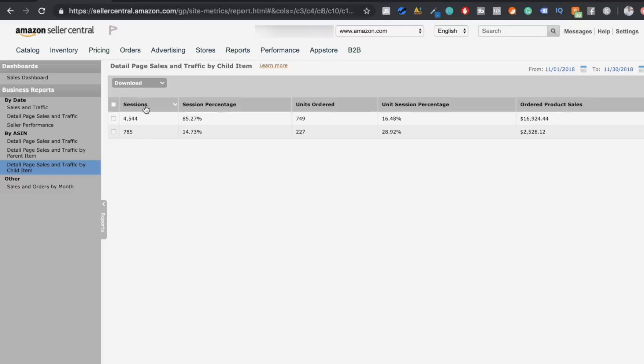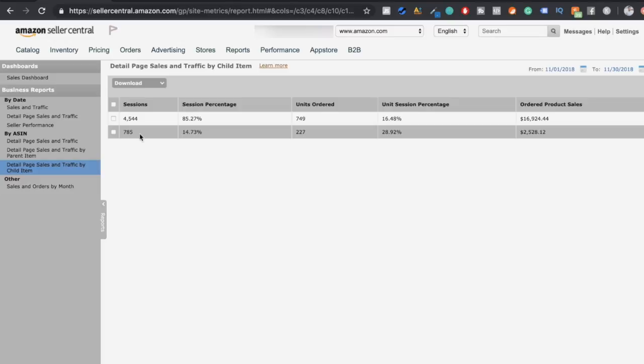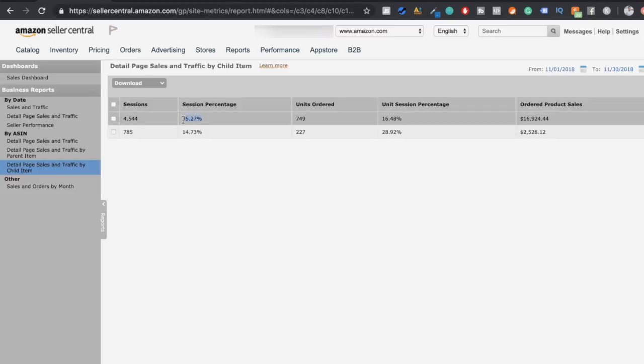So the sessions, it just shows you how many times a unique visitor has come to your listing. So in this situation, this product had 4,500 unique visitors this month. Session percentage just means out of all the traffic that we've had, so 4,500 plus 785, 85% of the traffic went to this product and 14% to this product. We also have units ordered, that's just something good to know.